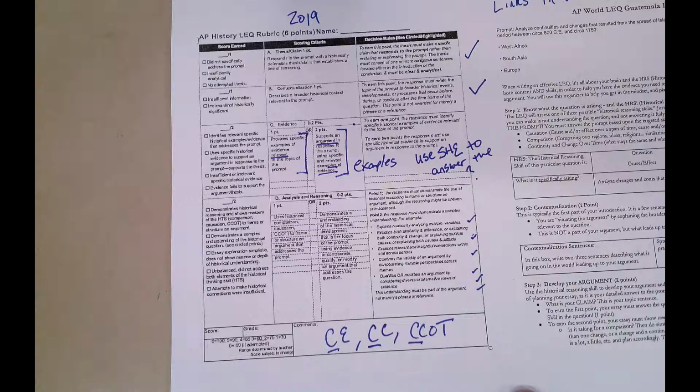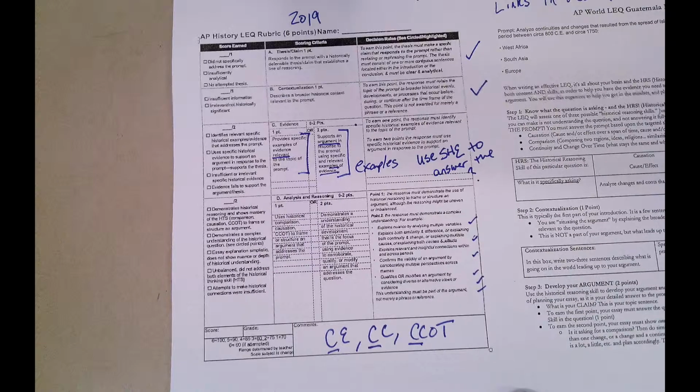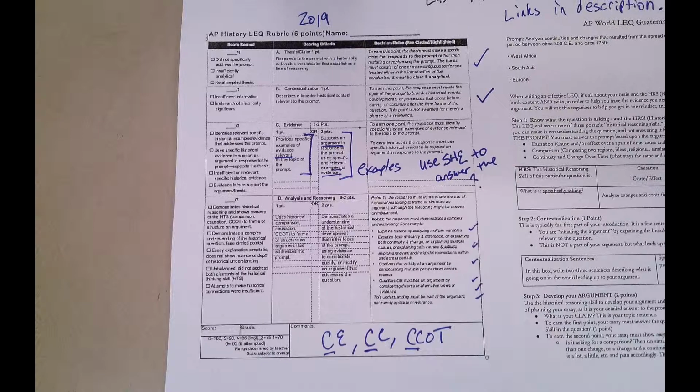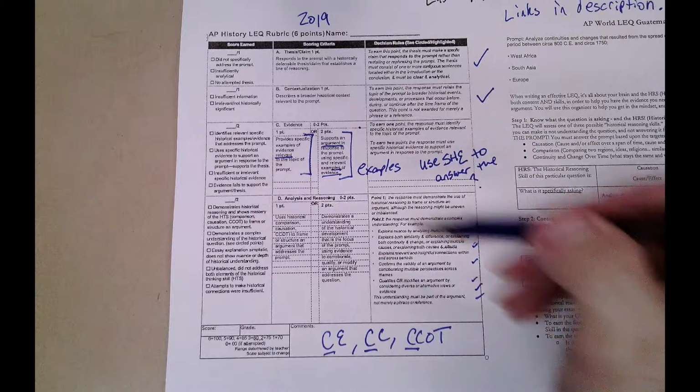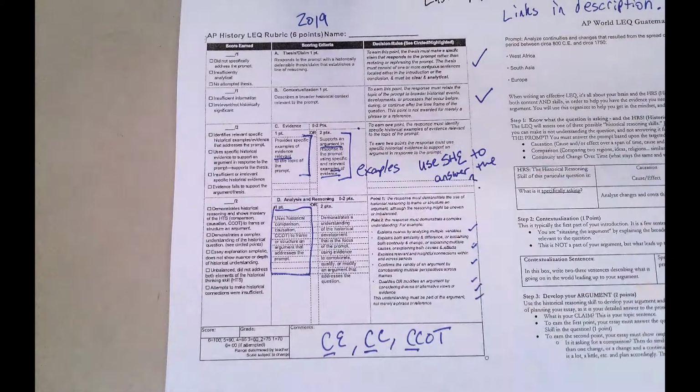I got a question. So to get the analysis and reasoning point, you have to do all of those, or you just have to do one? Okay, so the question was, how do I get the analysis and reasoning point? Well, the truth is, it's like two different points. You are likely to get the first analysis and reasoning point if you put together some kind of argument, okay?